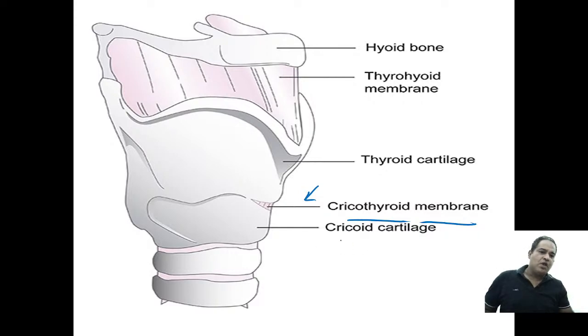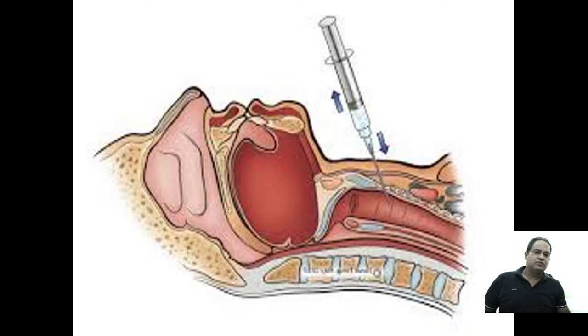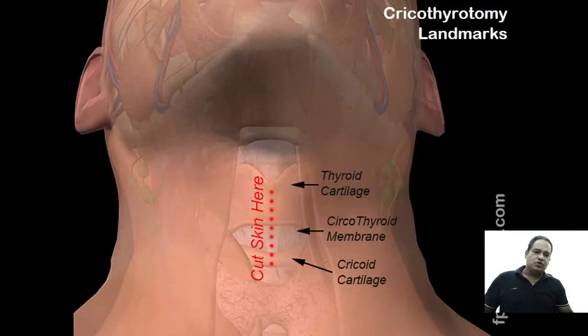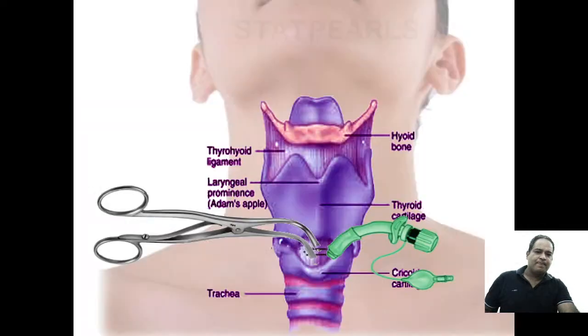There was a question where to give the incision: below the cricoid cartilage or above? The answer is above the cricoid cartilage. This is needle cricothyrotomy. The skin incision has to be vertical. After that, we can give a horizontal incision like this.